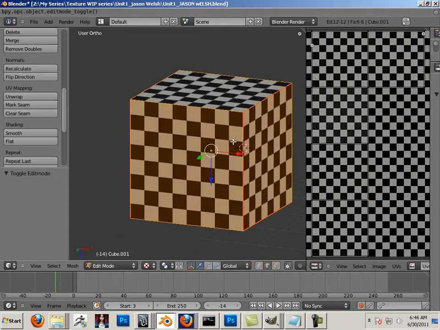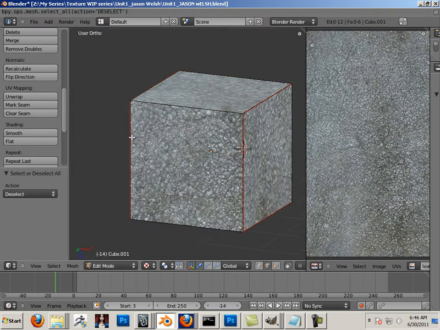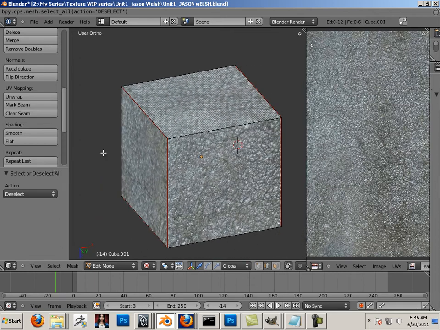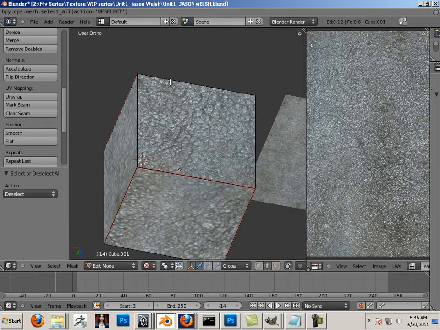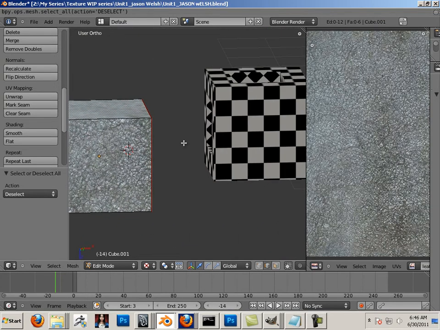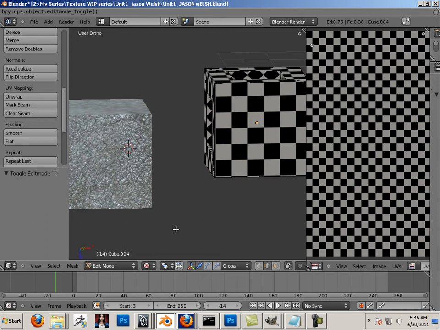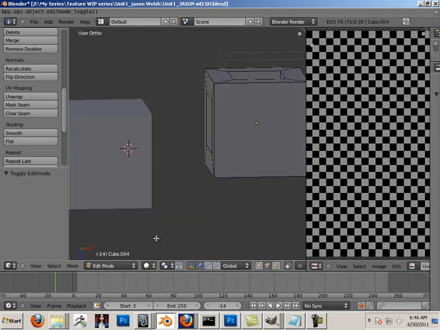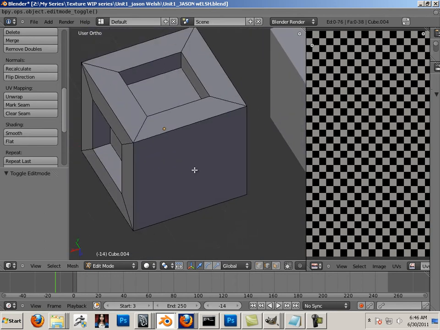What happens then is procedural textures lay quite nicely on objects like this. So if I go in here and choose a procedural-like texture, you can see that it wraps quite nicely. But what you're also going to see in the next example is there are things that we have to worry about, like stretching, pulling, and those things.